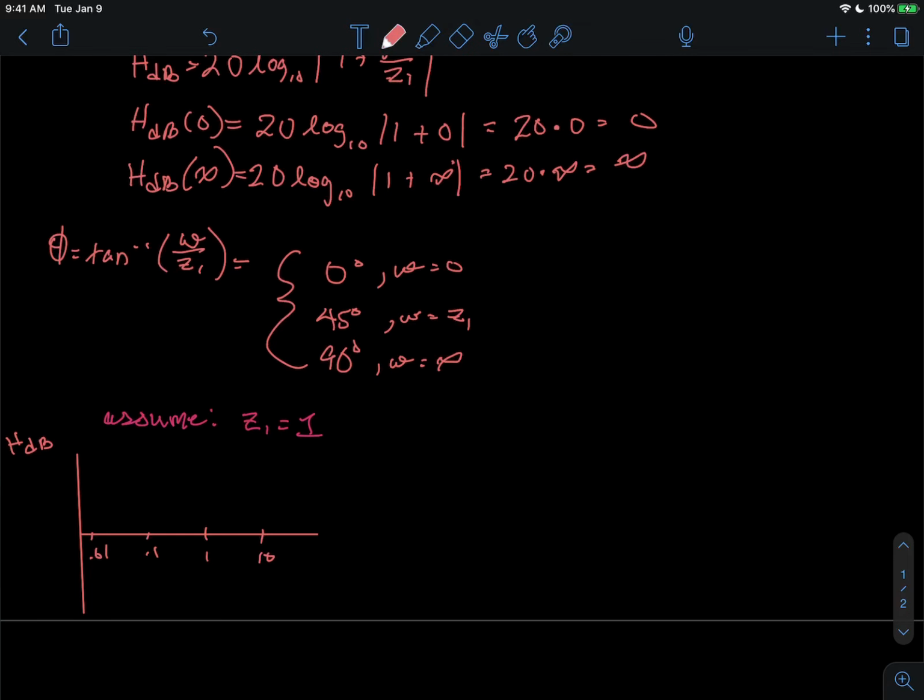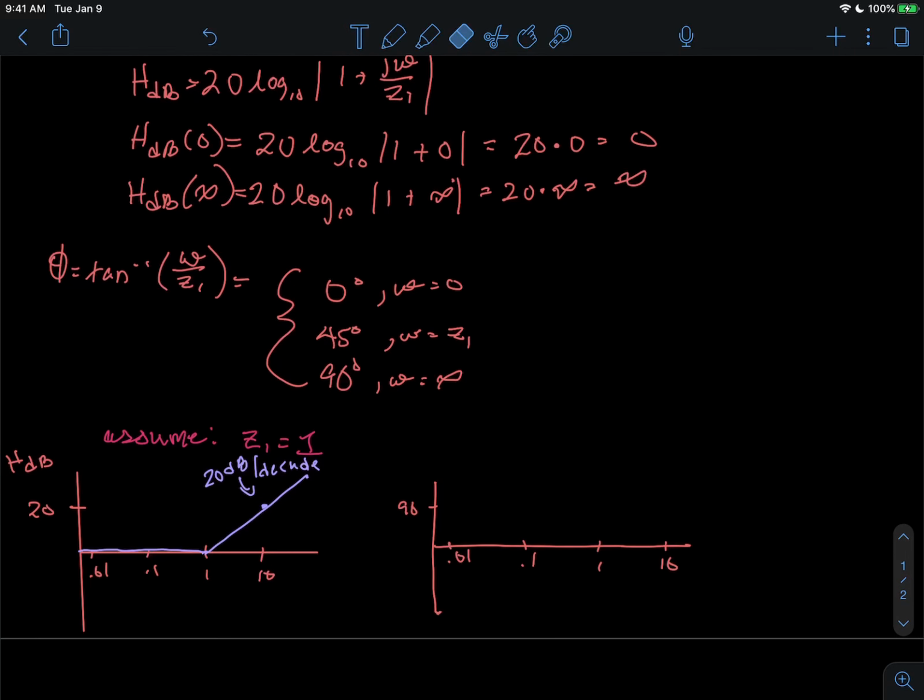So the shape of the graph is 0 up until it hits that 1 where the zero was, and then it starts increasing. Let me draw this point right there, and it just keeps increasing like that, with a 20 dB per decade slope. When we draw Bode plots, you want to indicate the slope, because sometimes it might be 40, 60, even 80. So you just want to know what the slope is, and make that point right there, 20.